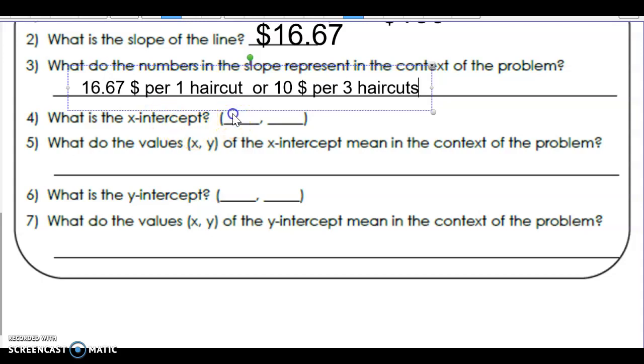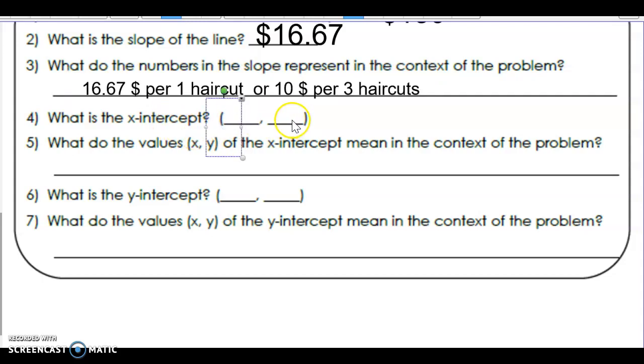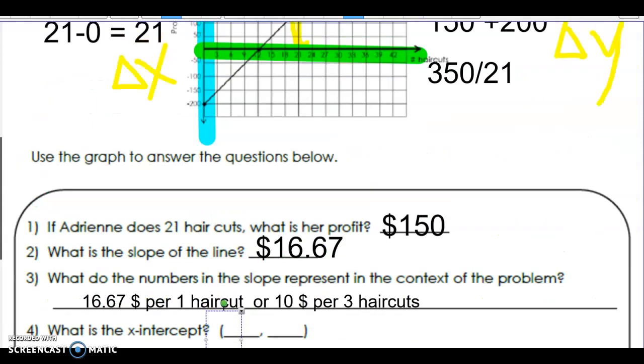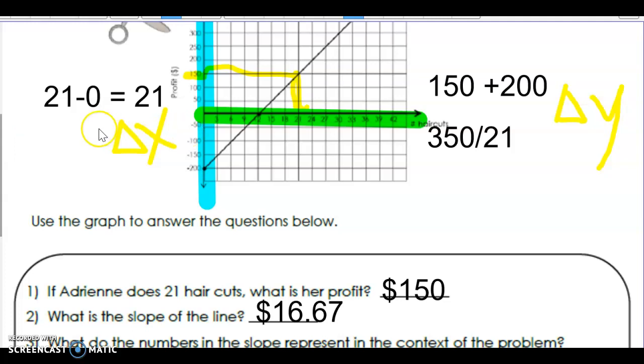All right. So my x-intercept is going to be that number that shows me when she broke even. Now the break-even point is where she has made up that $200. And if you look here on the graph, you can see that the break-even point is right there at that 12.